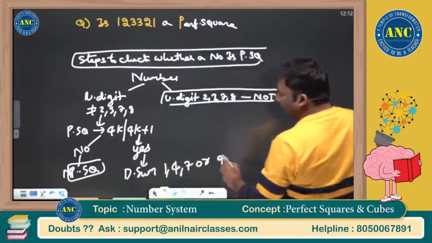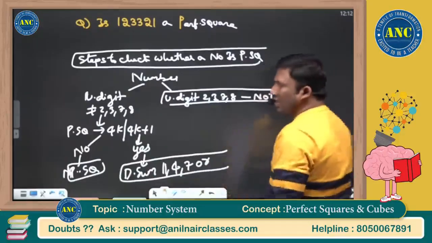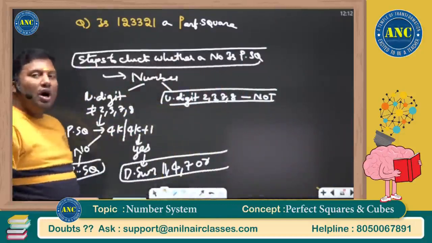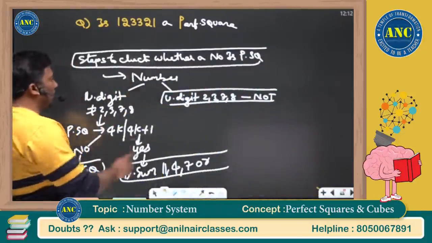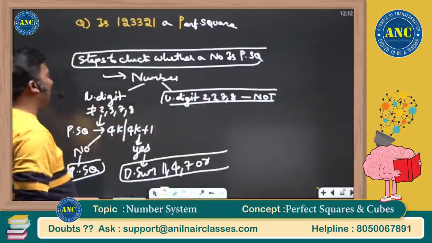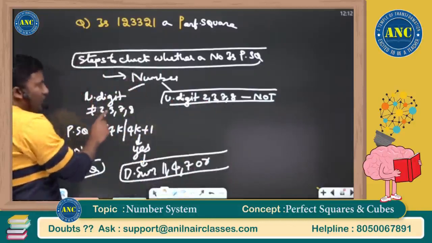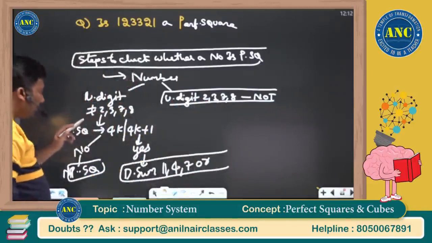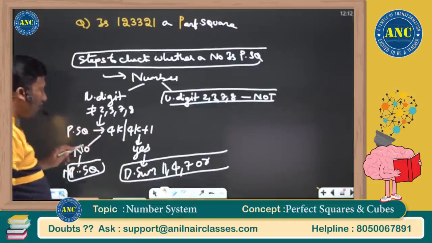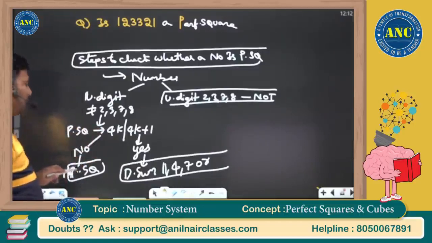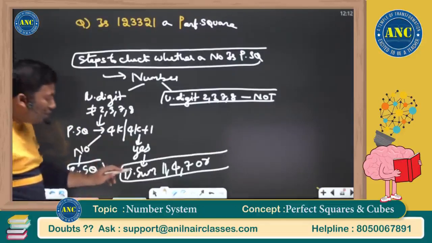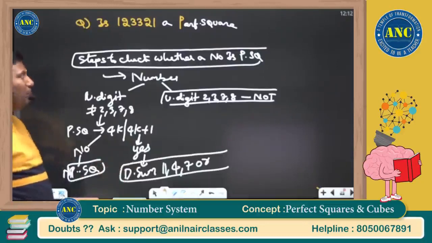This flow chart should be extremely clear to you. If a number is given, how to check whether it is a perfect square? If the unit digit is 2, 3, 7 or 8, definitely it is not a perfect square. Otherwise, check whether the number is of the form 4k or 4k plus 1. If it is not, it is not a perfect square. If it is, then use this logic of digital sum of a perfect square.